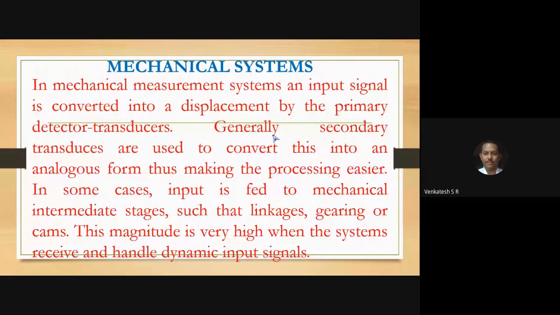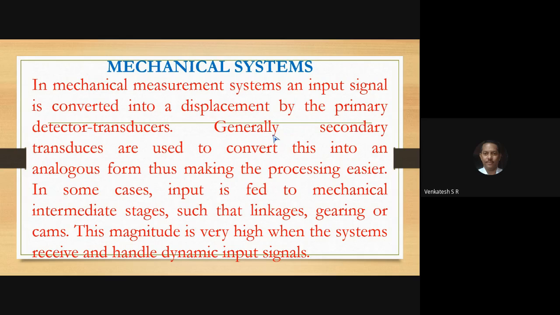That is the mechanical system, or usually a rack and pinion arrangement, or gear system, or the hydraulic system. Then the input signal is improved or amplified to a higher level that can be fed to the final stage where you are going to measure the system.